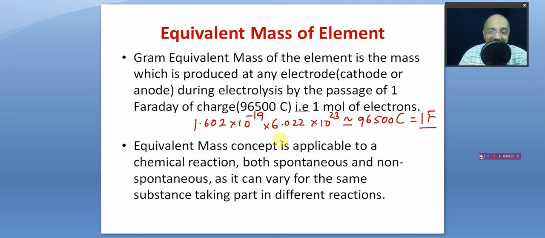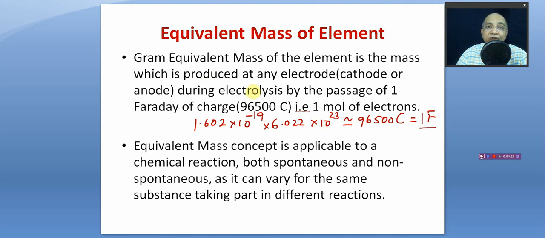So by the passage of 1 Faraday of charge in the electrolysis experiment, the amount of a neutral element deposited or liberated at any electrode is called the gram equivalent mass of that element. You understand?